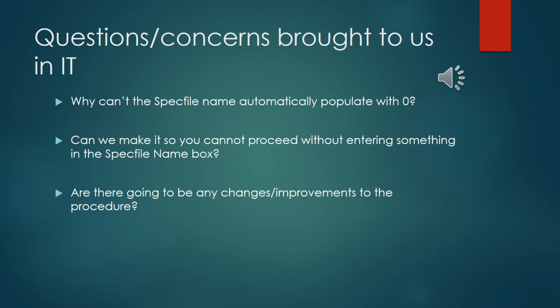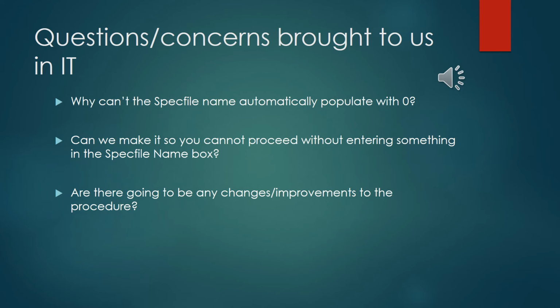Are there going to be any changes, improvements to the procedure? Absolutely. This is one of the main projects that I'm working on right now. What we're looking to do is something kind of like a last reminder.